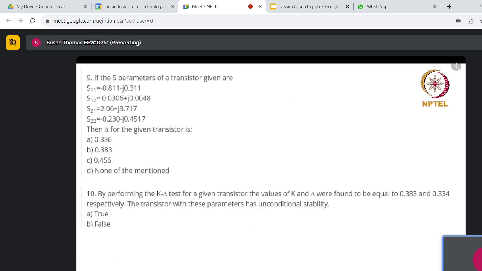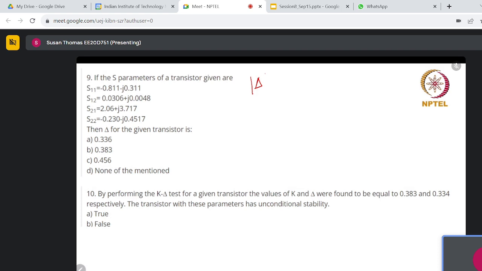Now we have a small numerical. I would like you all to try it out. You are given the S parameters of the transistor. Please calculate the delta. The K delta test is what we do for evaluating whether the transistor is unconditionally stable or not.